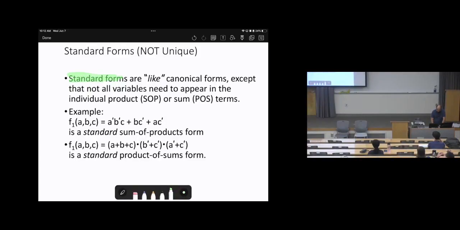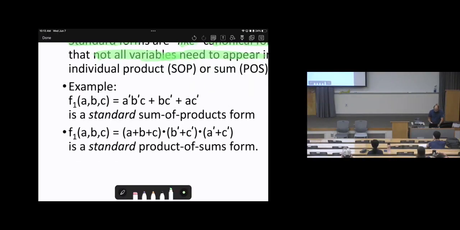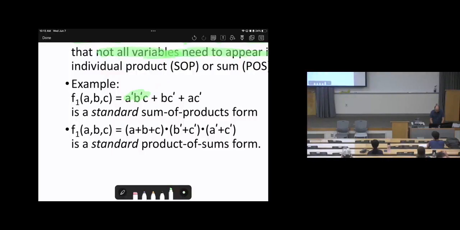It looks like canonical form, but the difference is that in the standard form, not all variables need to appear. For example, this function F equals A bar B bar C plus AB plus C. Look at this function: the first term is written with 3 variables, the second term only 2, the third term only 2.